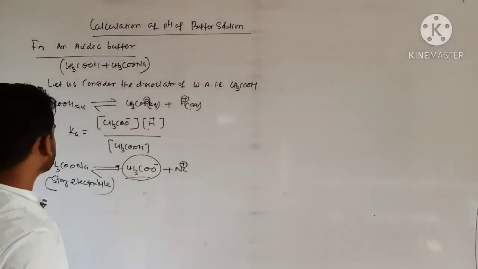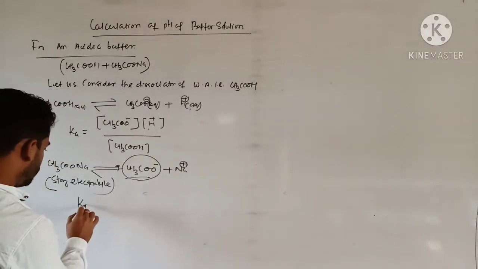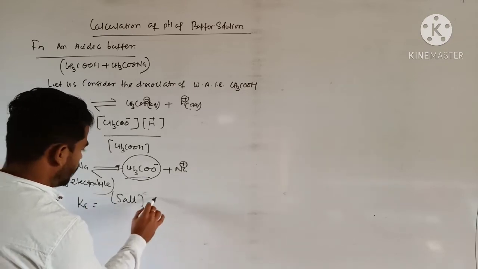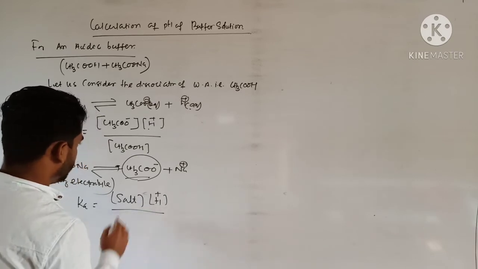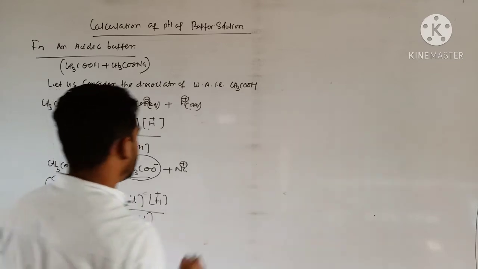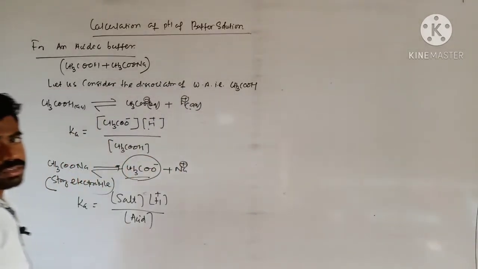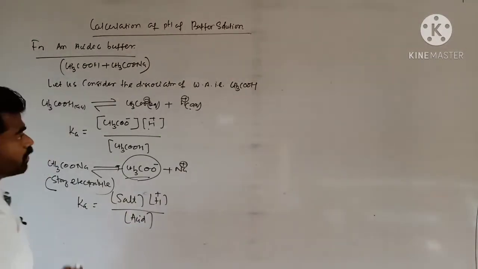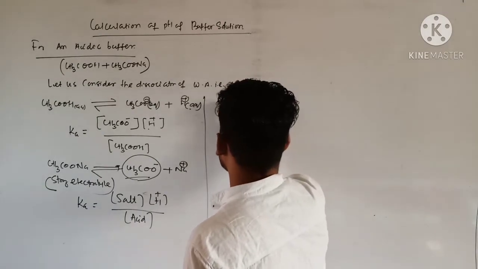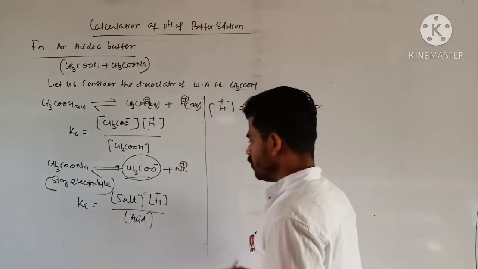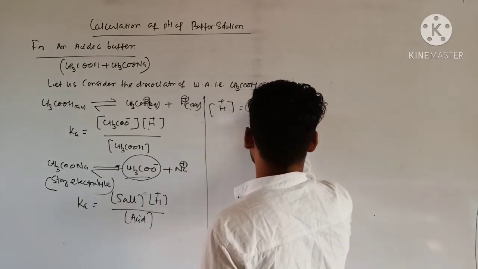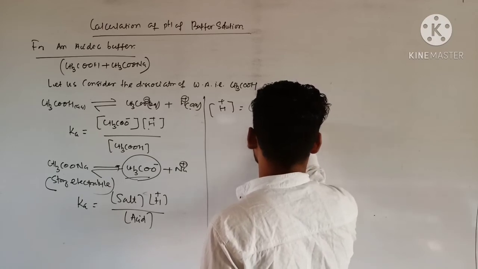Yes. So Ka is equal to concentration of salt times H plus divided by concentration of acid. Am I right? So now what I need to calculate here is pH. So I have to find out this H plus ion concentration. That can be calculated like this: H plus ion concentration will be equal to Ka times concentration of acid upon concentration of salt.